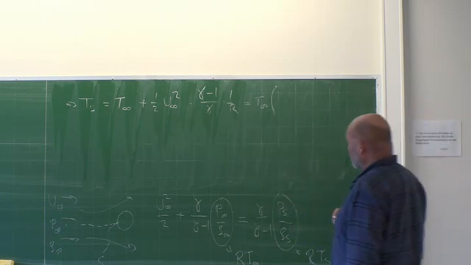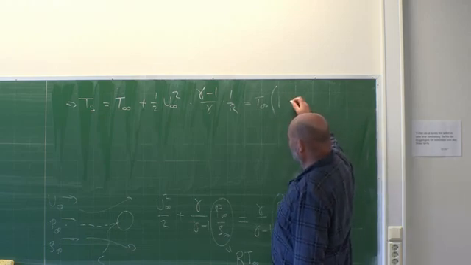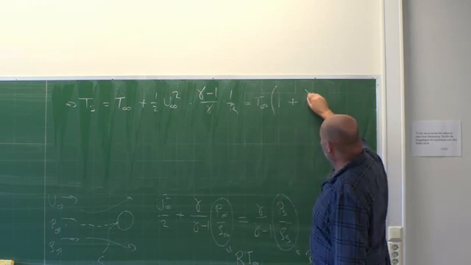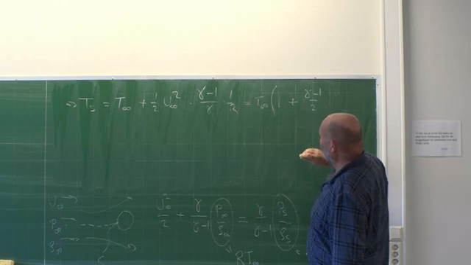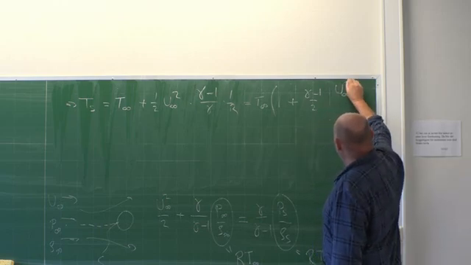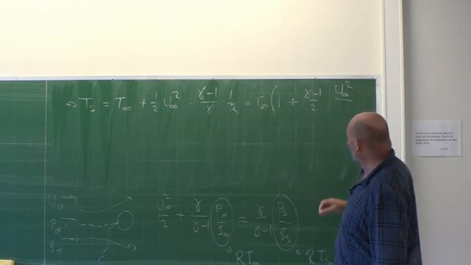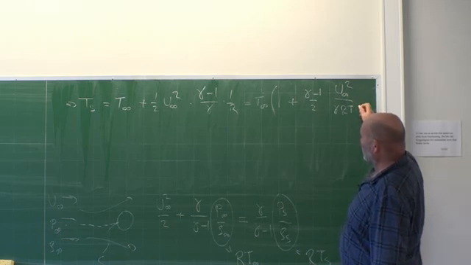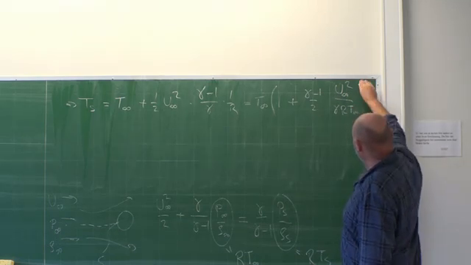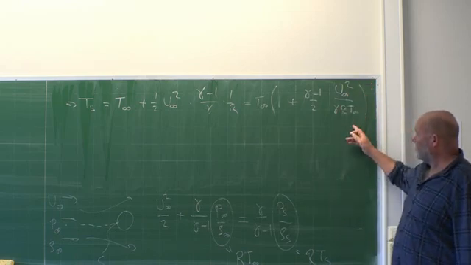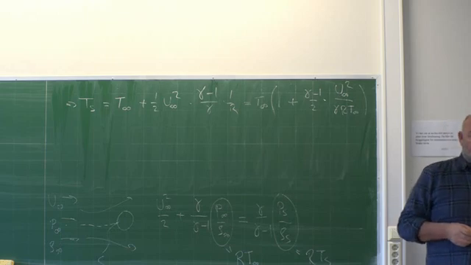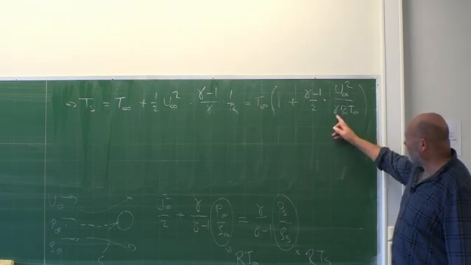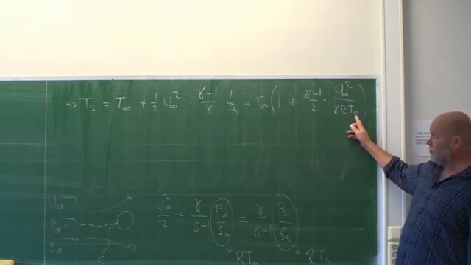Then you will have 1, and then we will have something like plus, let's see now, gamma minus 1 over 2, and then you'll have u infinity squared divided by gamma R T infinity. What's this ratio here? There you find the Mach number squared, because the square root of gamma R T, that's the speed of sound.